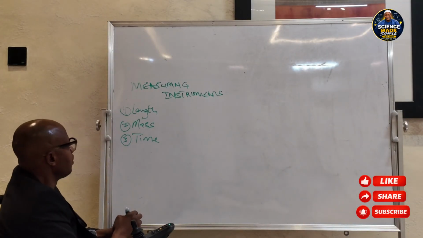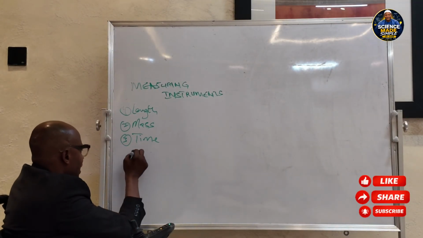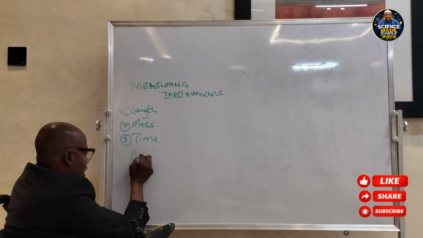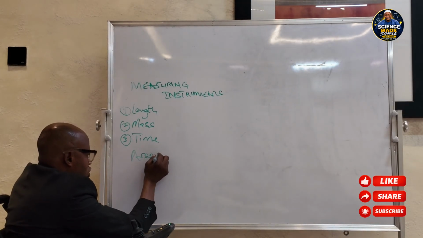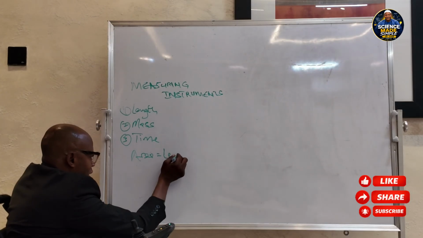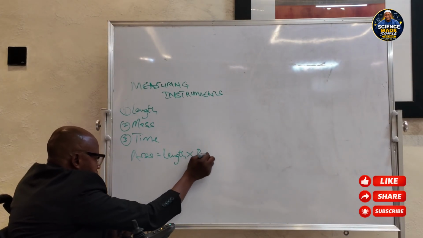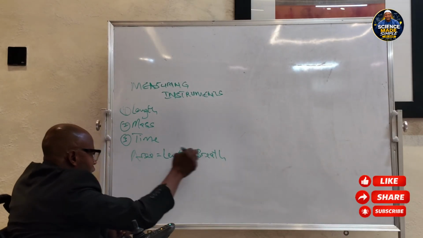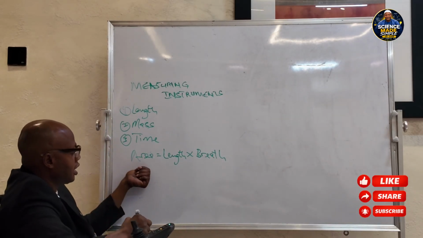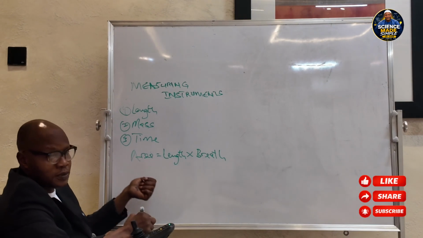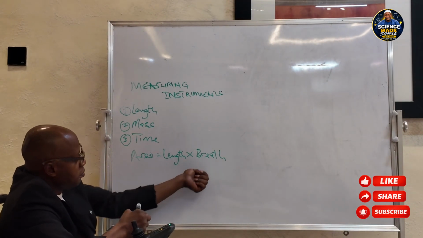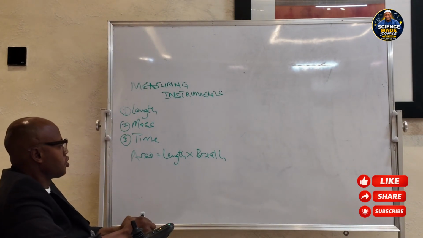For the area of a rectangle, area is equal to length times breadth, the longer side multiplied by the shorter side.